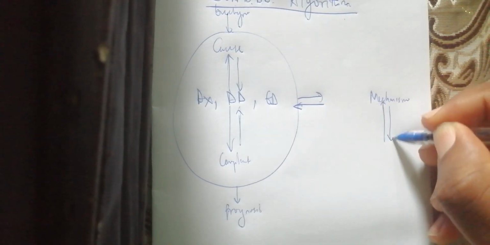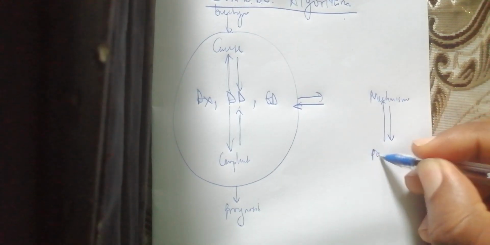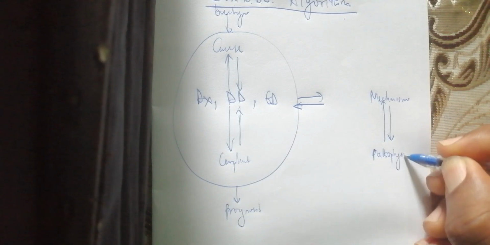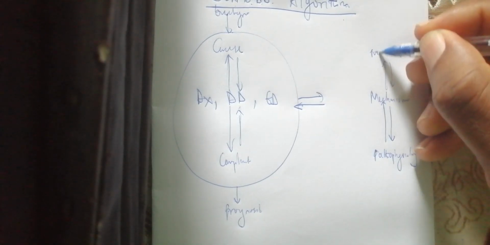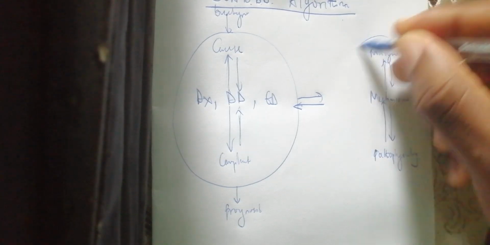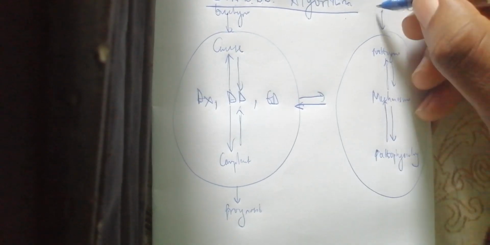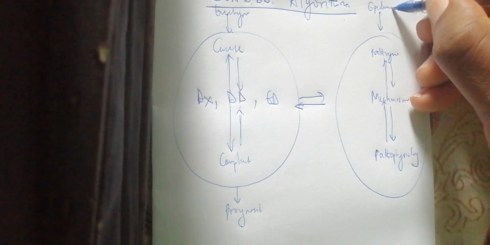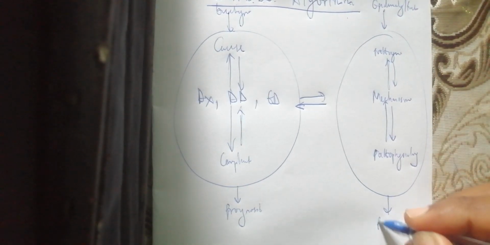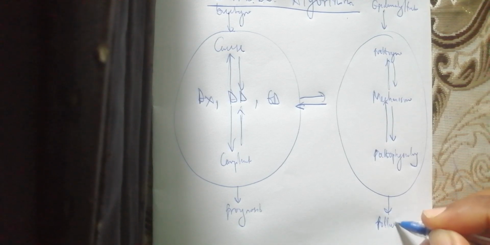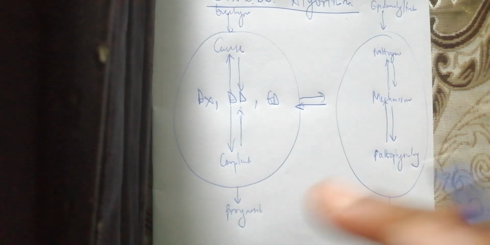The complication corresponds to the pathophysiology. Is it clear? The cause corresponds to the pathogenesis. Then you have your circle. Inside the background, we have the epidemiology and the risk factors. And lastly, here is the follow-up with the prognosis. Is it clear? So those are the different elements.